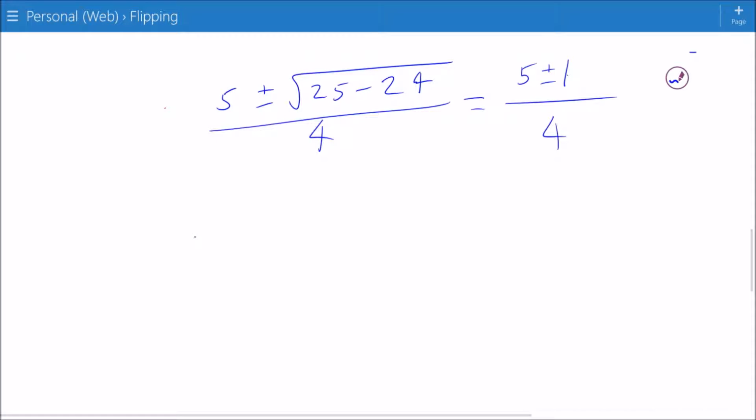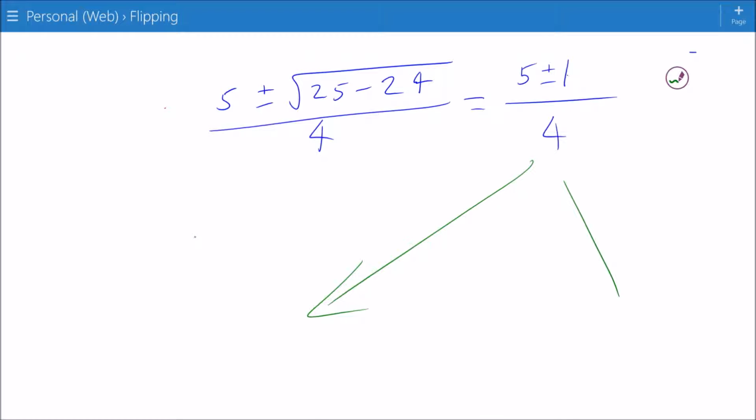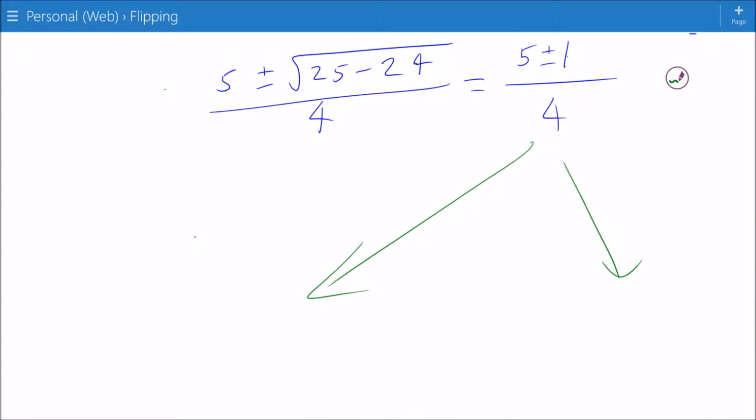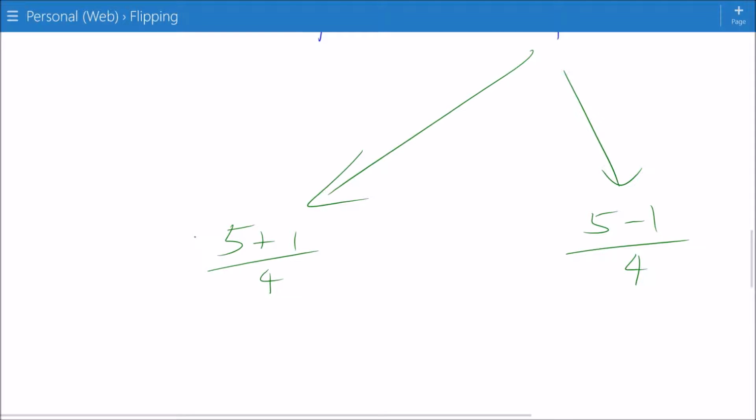And this will yield us two solutions. You've either got 5 plus 1 over 4 or 5 minus 1 over 4. Both are solutions. Both will work to solve, but we need to calculate these separately.